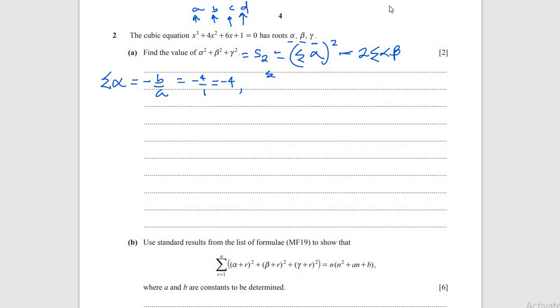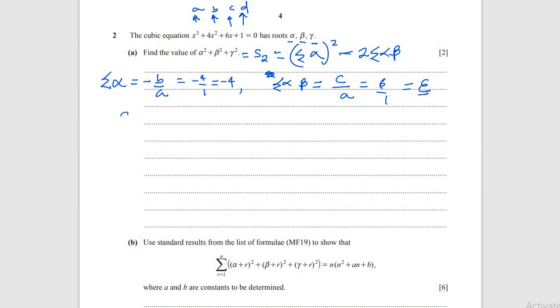Product of two roots at the same time, that's summation alpha beta. The product of roots is c over a, and c is 6, a is 1, so it is equal to 6.